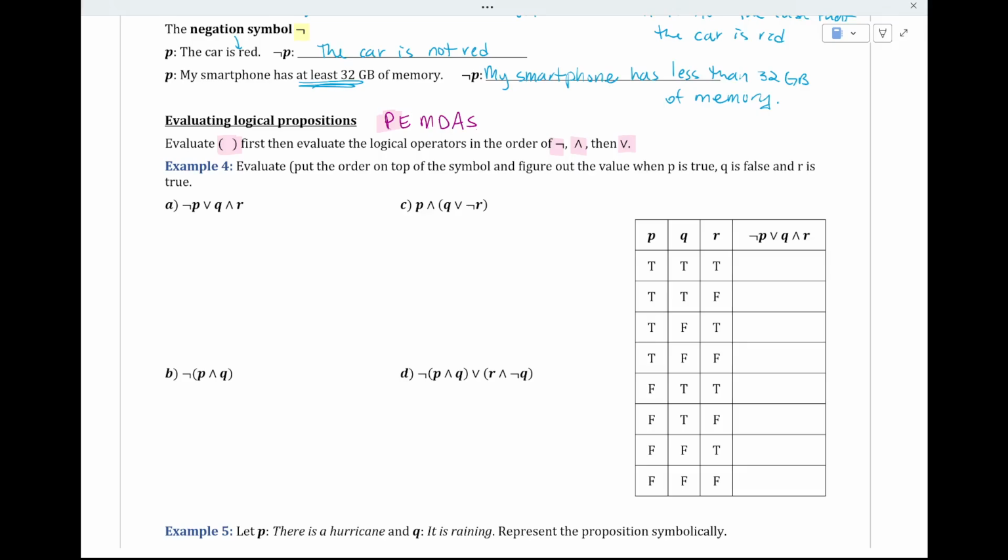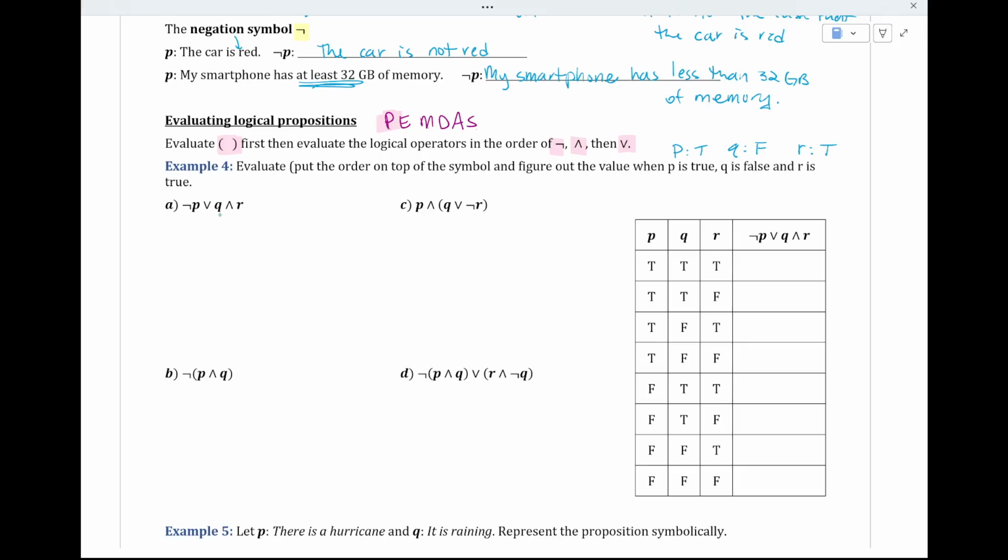So let's do some practice here with A, B, C, and D. We are going to evaluate these ones. P is true, Q is false, and R is true. So we want to evaluate these propositions. I have not P or Q and R. If I look up here, I don't have any parentheses.